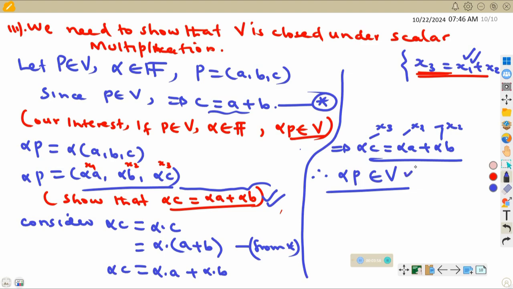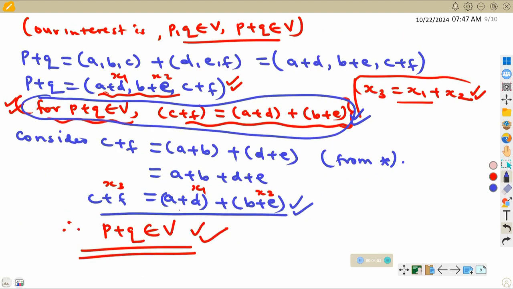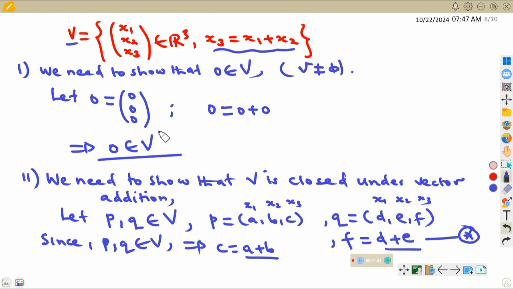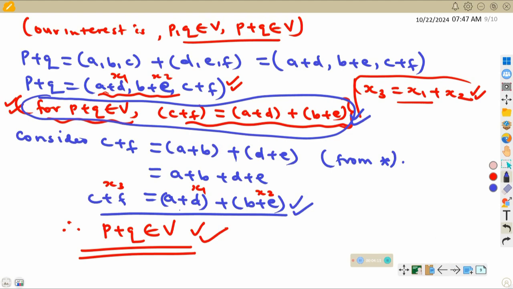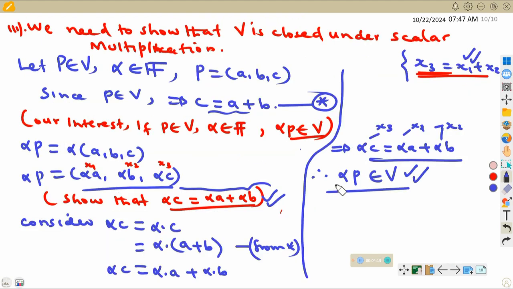So if that happens, we look at the three conditions, 1, 2, and 3. Clearly all the conditions are being satisfied.